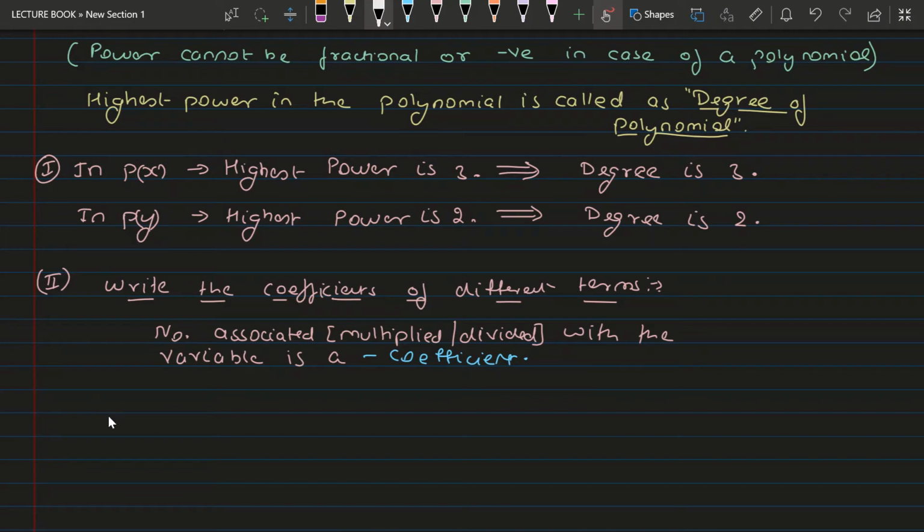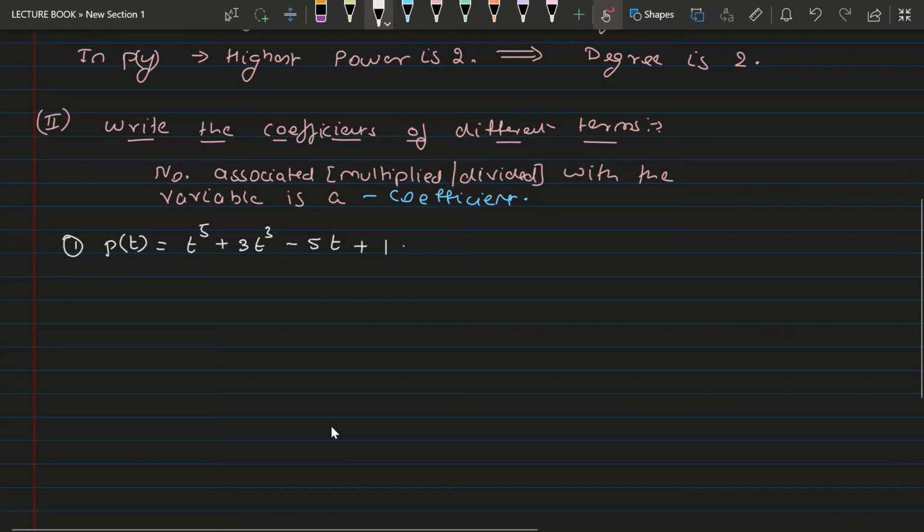Suppose you have the polynomial, let us say p of t, which is t raised to 5 plus 3t cube minus 5t plus 1. In such a case, what are the different coefficients of the different elements of this polynomial? I can see over here there is nothing in the coefficient, then it is 1.